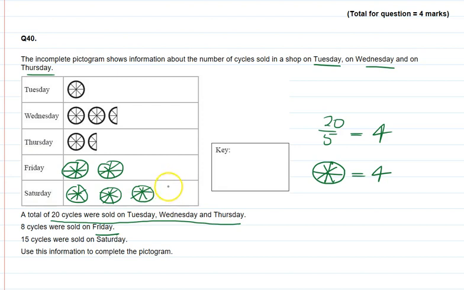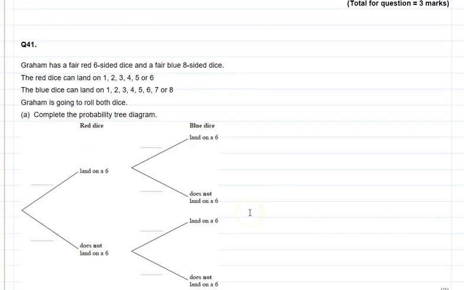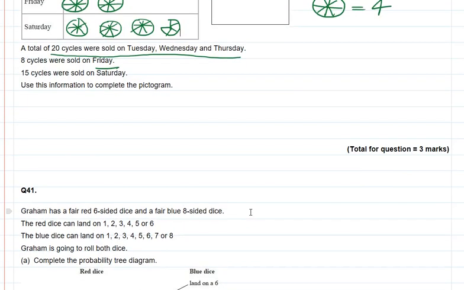So we are going to make a circle like this, 3/4. So use this information to complete the diagram. So this is what the diagram will be. So now this is done.